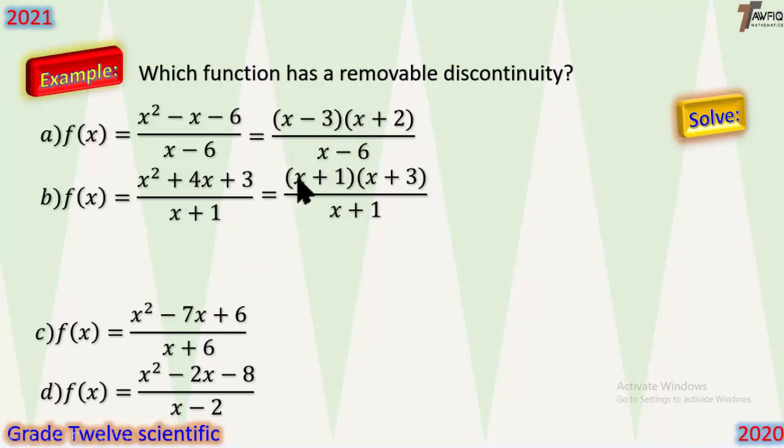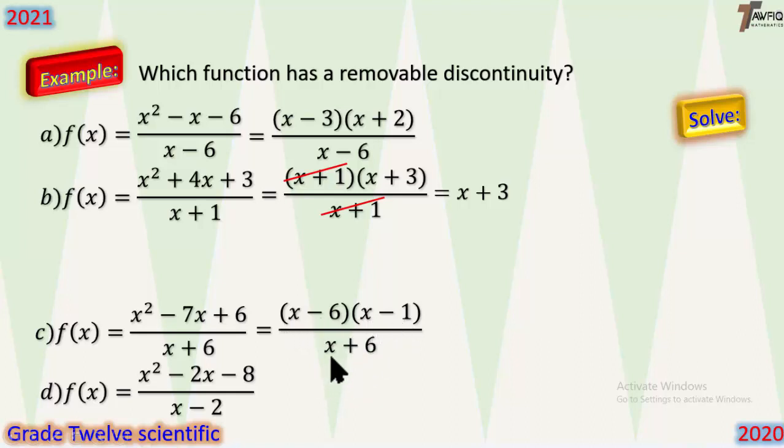Here, (x plus 1)(x plus 3) over (x plus 1). Cancelling x plus 1 with x plus 1 becomes x plus 3. Here, (x minus 6)(x minus 1) over (x plus 6) is not cancelling. There isn't any cancel. Then x minus 4, x plus 2 and x minus 2.